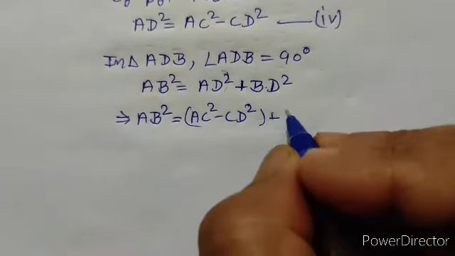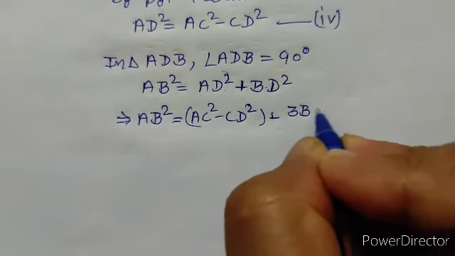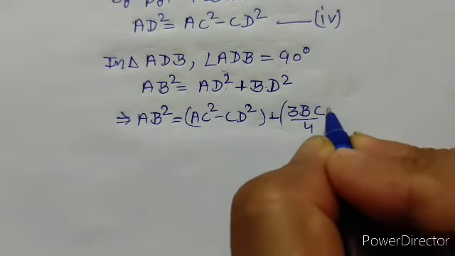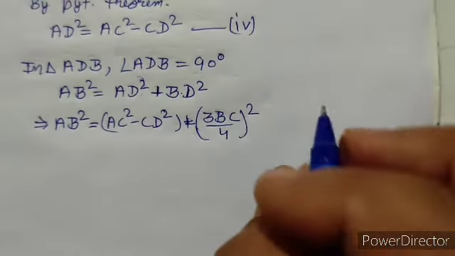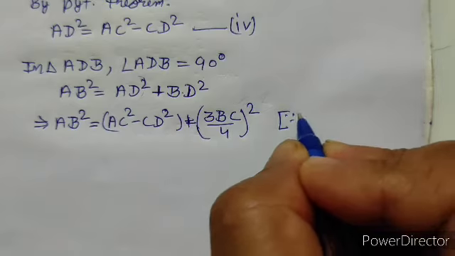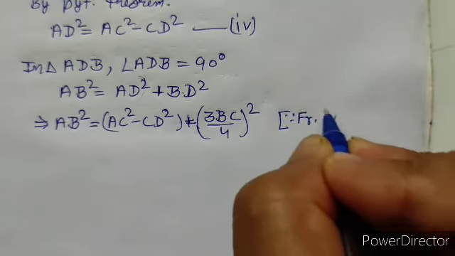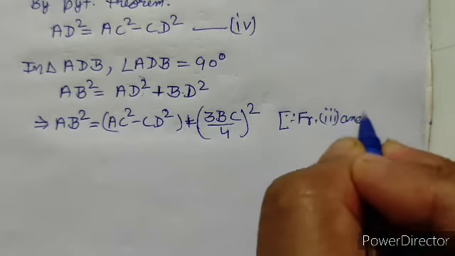In place of BD we can write 3BC upon 4 whole square from 3rd and 4th.